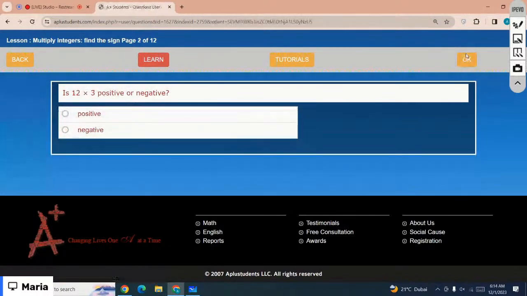Okay, is 12 times 3 positive or negative? Both the numbers are positive, so the answer must be very good. They both are positive, so the answer must be positive.